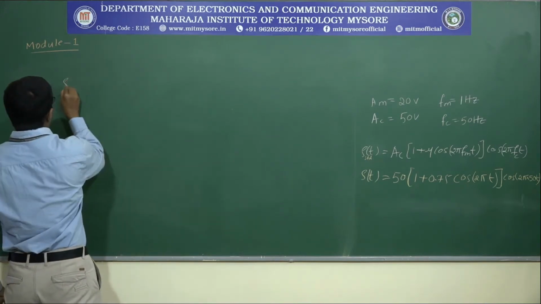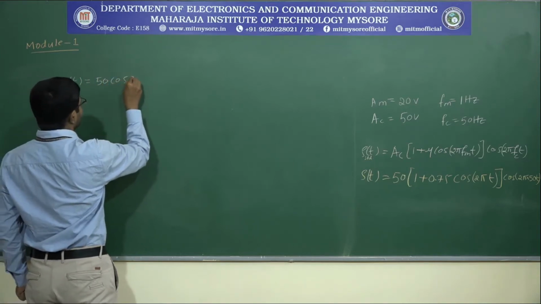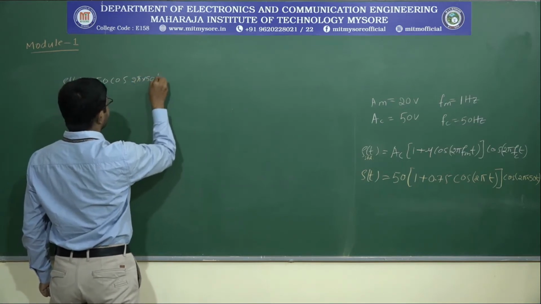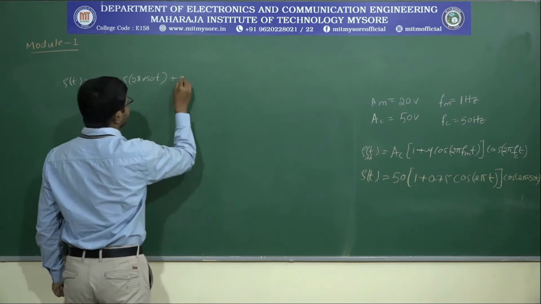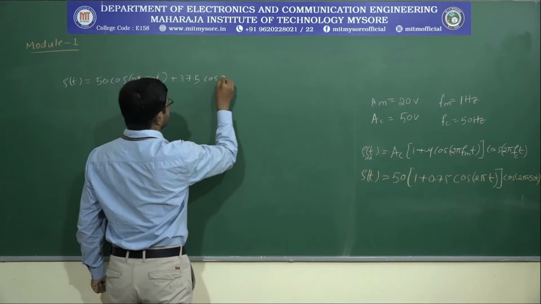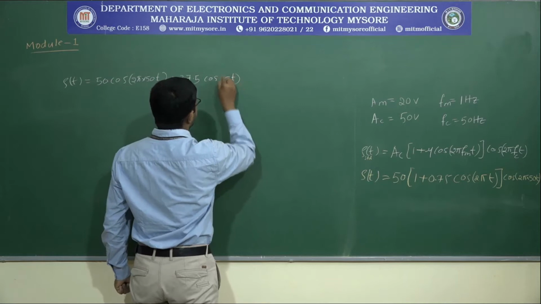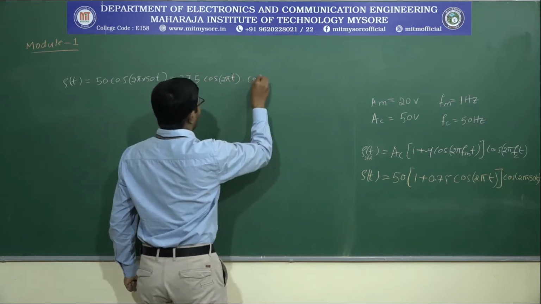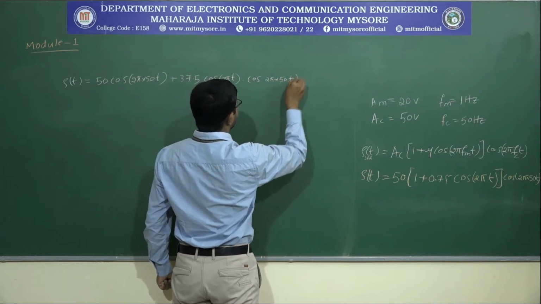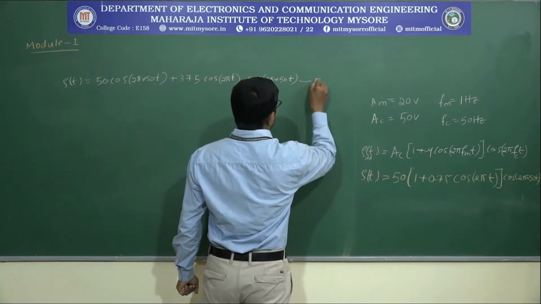So the expansion of S of t we can write as 50 cos 2 pi into 50t plus 37.5 cos 2 pi t into cos 2 pi into 50 t. Let me consider this as equation number 5.